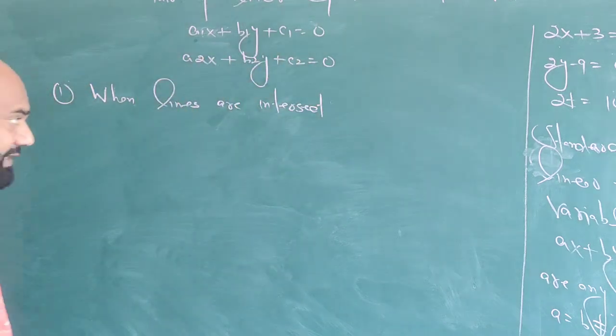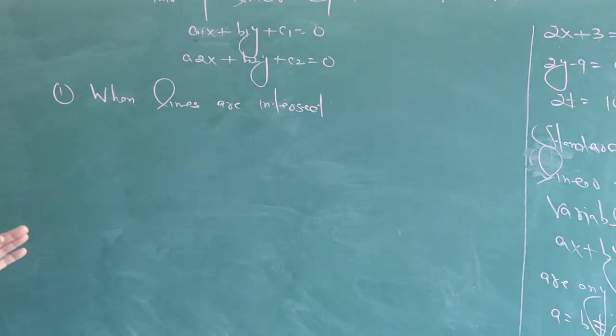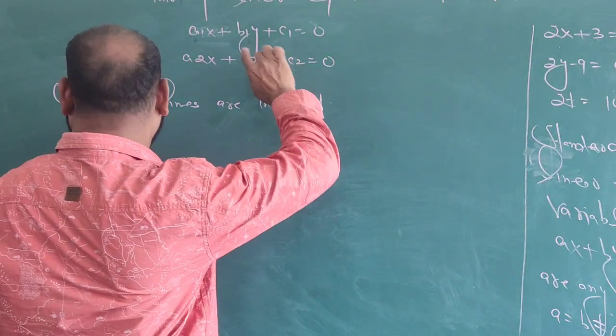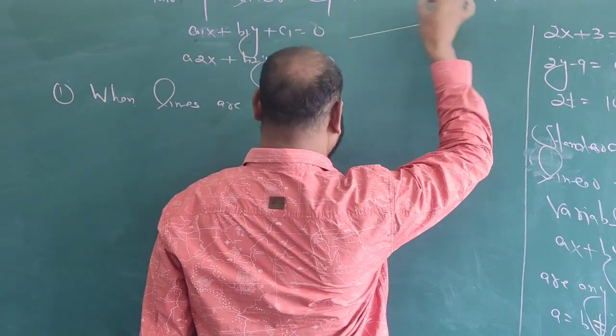When lines intersect, as we see in the graph, they intersect at only one point, because the graph of any linear equation is a straight line.